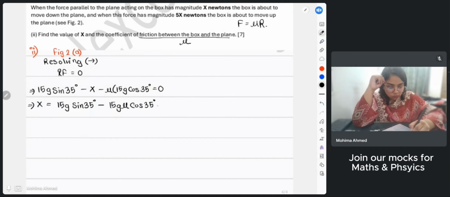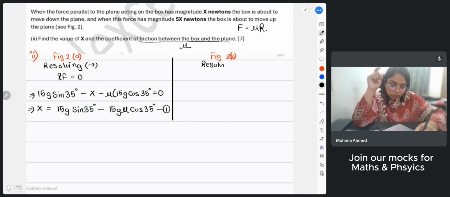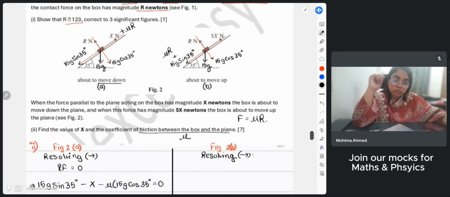And then again, I'm going to do the same calculation for figure part 2b, using the second diagram. Over here also we're going to start resolving horizontally, because vertically we're not involved, as we already have the value for R. So resolving horizontally, this time towards the motion is acting 5x and against the motion is 15g sine 35 and friction.